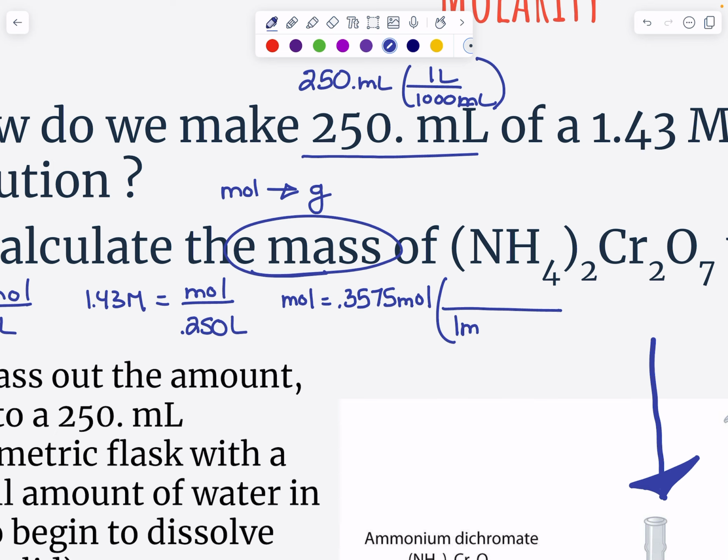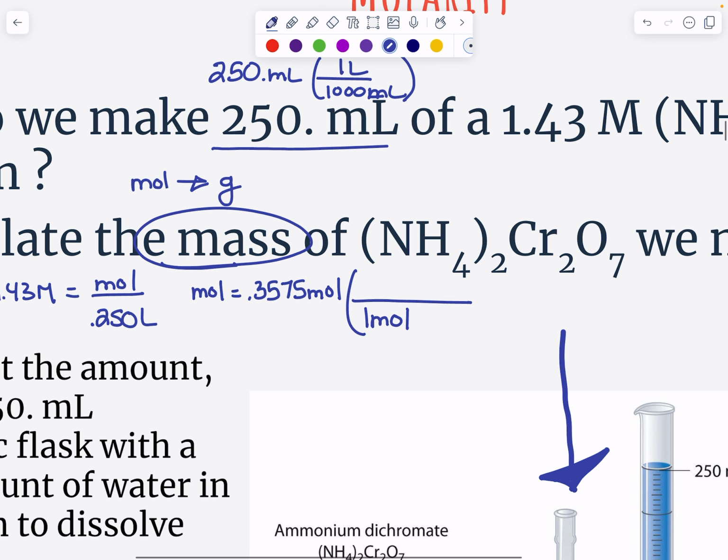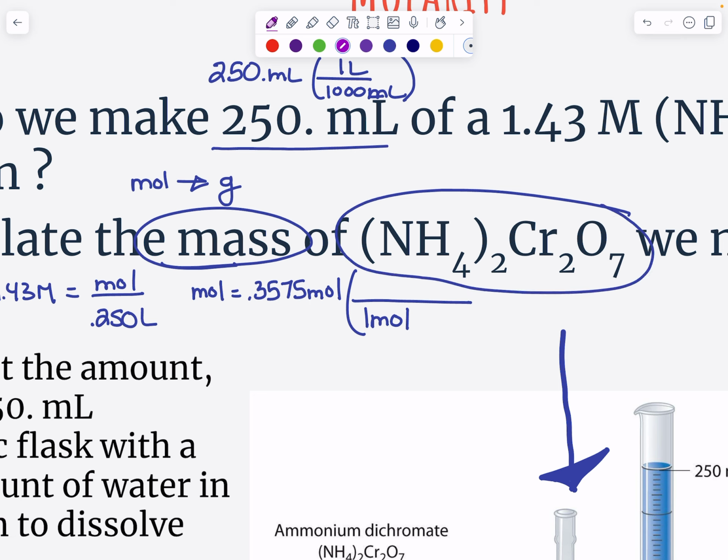I know that 1 mole of that substance equals, and now I have to find the molar mass of this. The molar mass of this whole thing right here. So I have to look and see how many nitrogen, right? So this is a multiplier. So there's going to be 2 times 14.01.